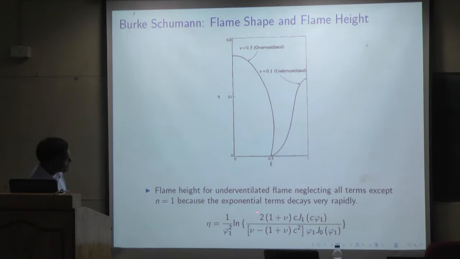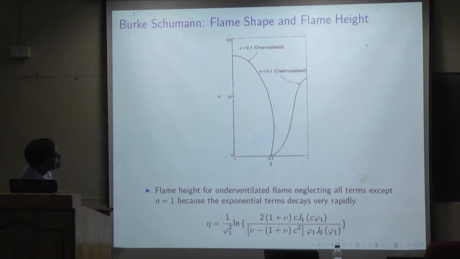And now you can also get the flame height. Here's an expression for the flame height. If you set C equals 1, you can get the flame height for the over-ventilated flame.